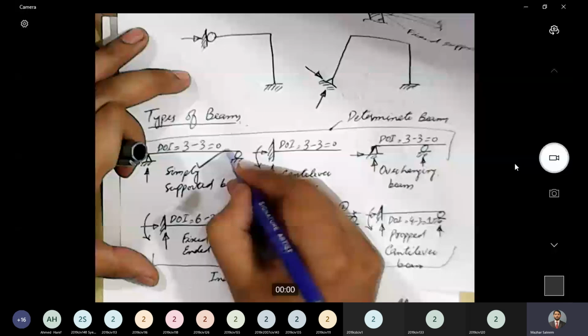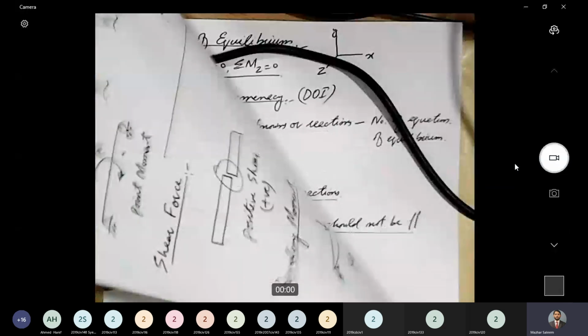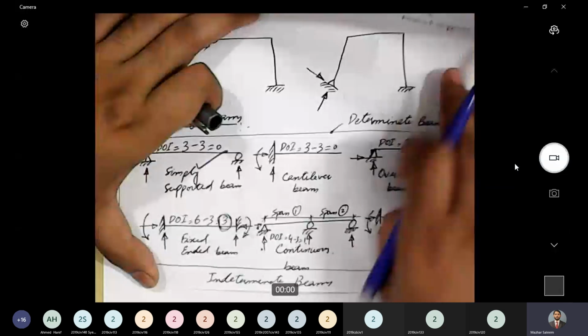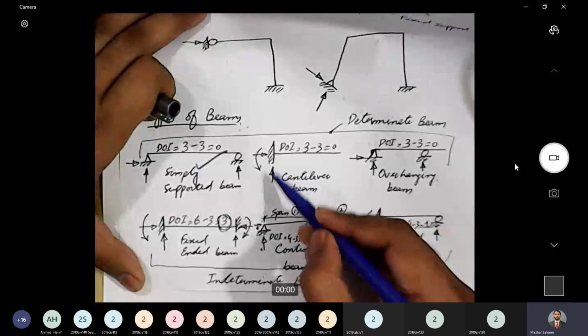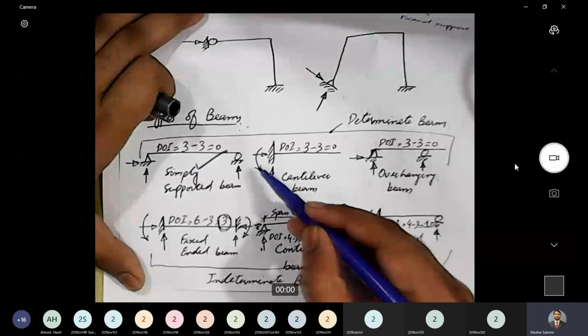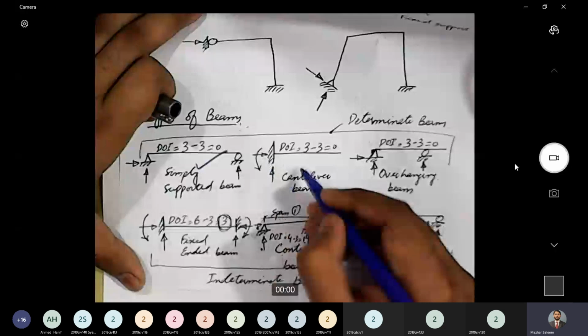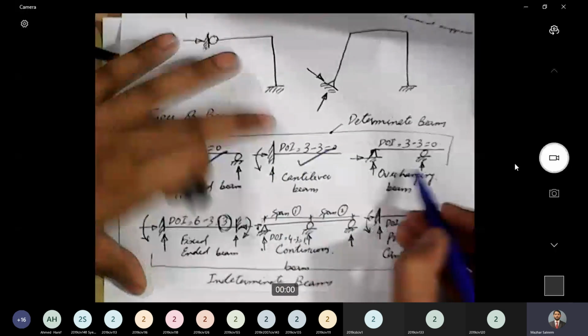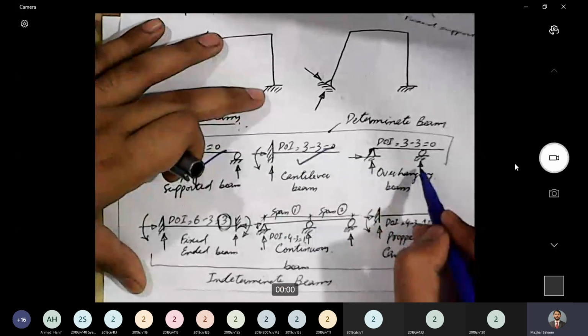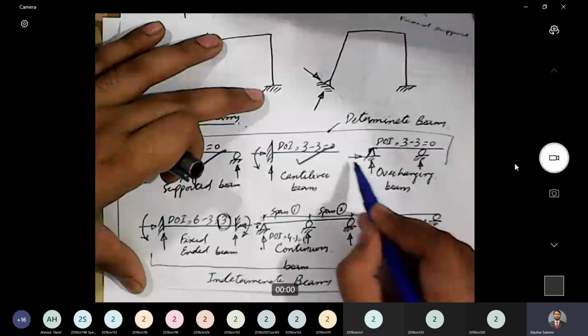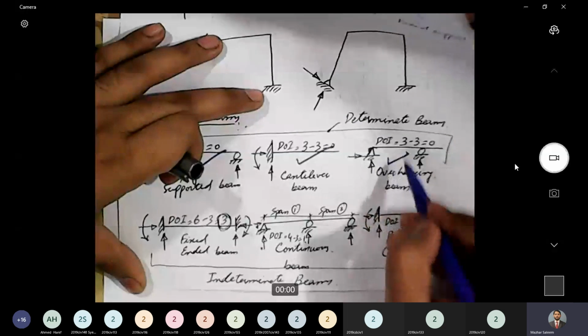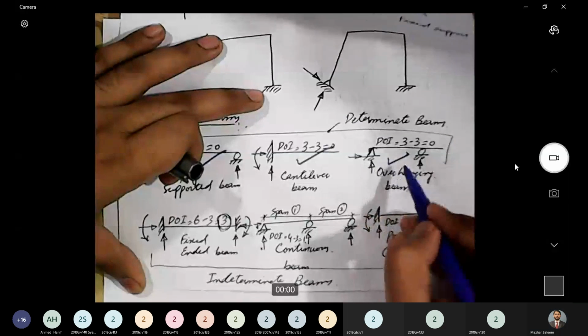We are not talking about determinacy or indeterminacy. 3 reactions, first condition is satisfied. All of them are not parallel to each other. So this is stable. 1, 2, 3 reactions. 2 are parallel. Third one is not parallel. So this is a stable beam.